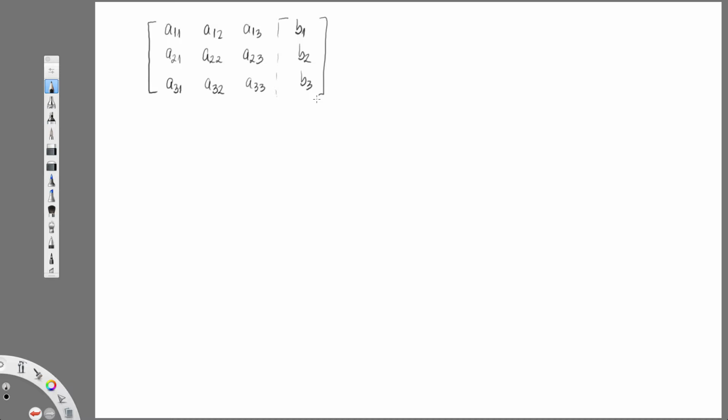What should I replace my second equation with? Let me make it more specific. Let's say that I want to replace this with equation 2 minus some coefficient c times equation 1, in order to make this position 0. What should c be? Essentially my A21 minus c times A11 should be 0, correct?